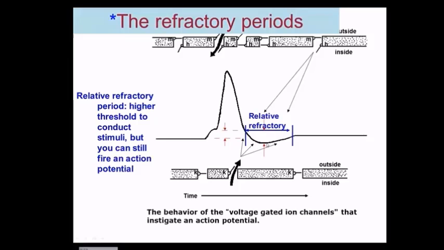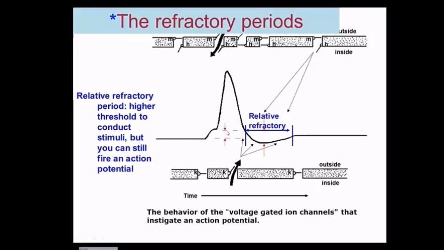But when we're hyperpolarized, now we've got to go from this distance, from hyperpolarization, all the way up to threshold, which is more depolarization or more stimulus required than when the cell is at rest, where the threshold from here to here is approximately 10 to 20 millivolts.